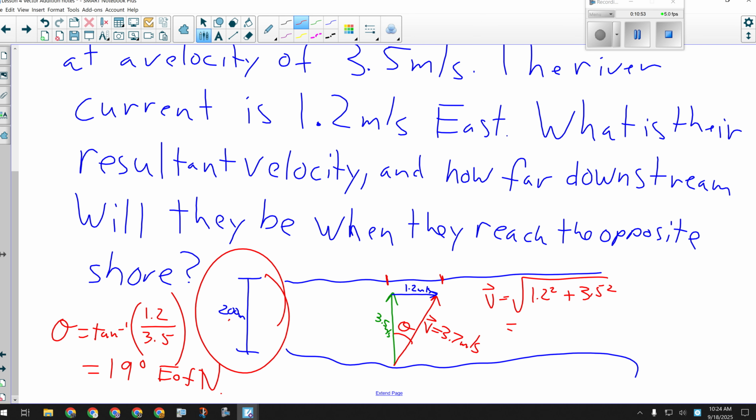All right. So if I know v is 3.5 meters per second across, and I know it's 200 meters across, can I figure out how long it takes to get across? Is that also how long I'm going downstream? Because they're happening at the same time for the same amount of time.